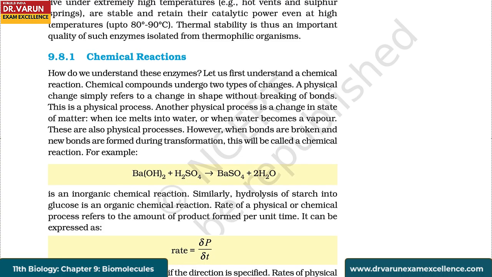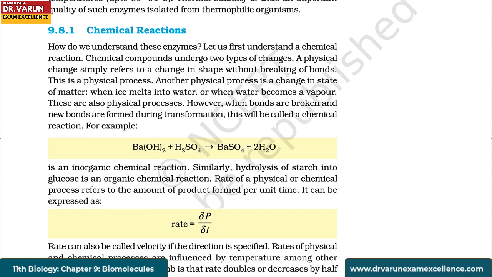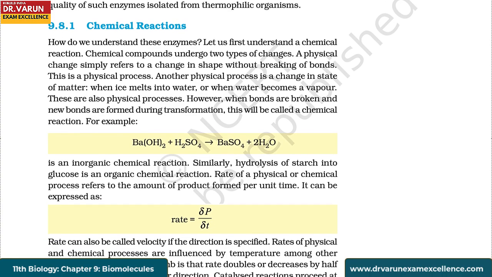Chemical reactions. How do we understand these enzymes? Let us first understand a chemical reaction. Chemical compounds undergo two types of changes. A physical change simply refers to a change in shape without breaking of bonds. This is a physical process. Another physical process is a change in state of matter, when ice melts into water or when water becomes a vapor.